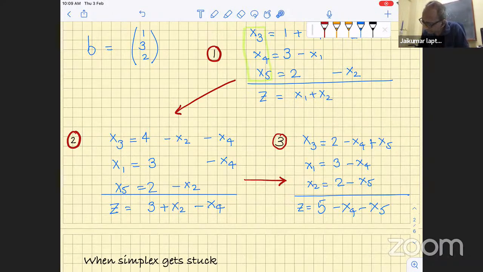So if I set x3, x1, x2, I will get 2, 3, and 5. And under that setting, because I have only been substituting throughout, the objective function value will be x5 because x4 and x5 have to be set. So certainly this solution achieves the objective value of 5.